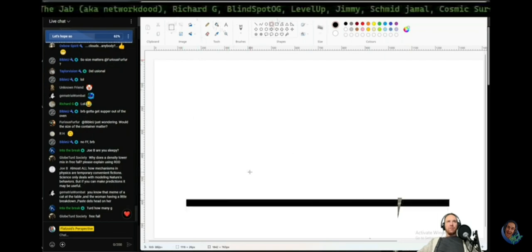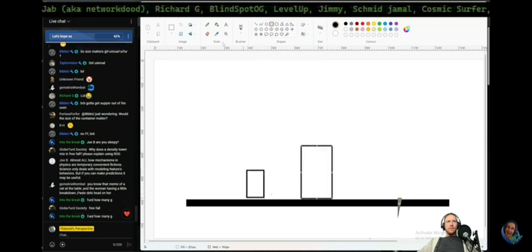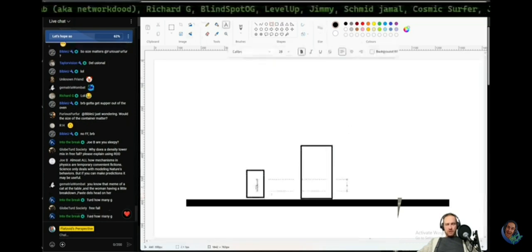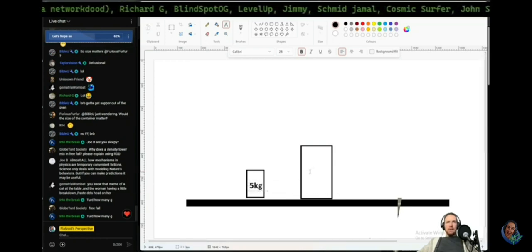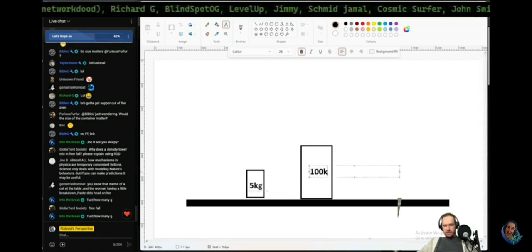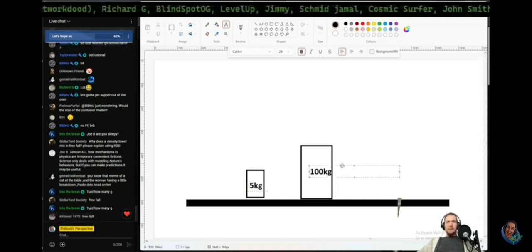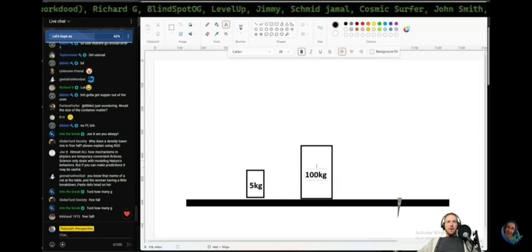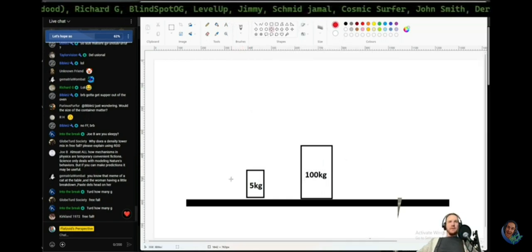Okay, I'm going to give 2 blocks. Okay? The one block, let's say, will be a 5 kilogram block. And the other one, a 100 kilogram block. Now when you try and push it, let's try and push against this.